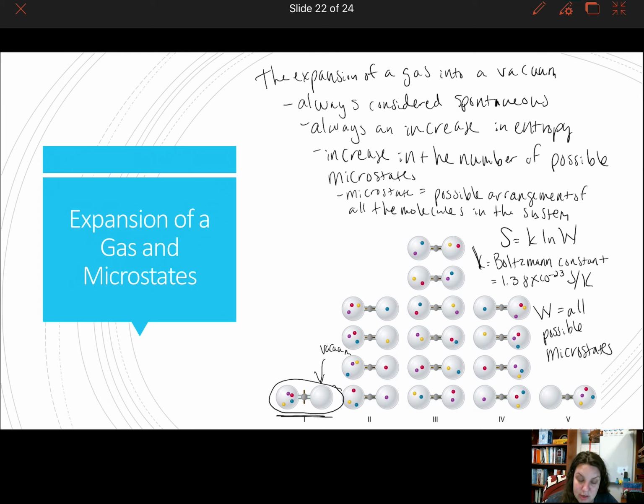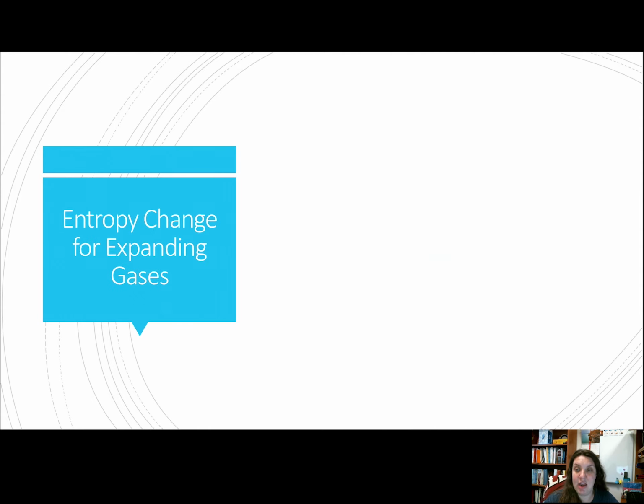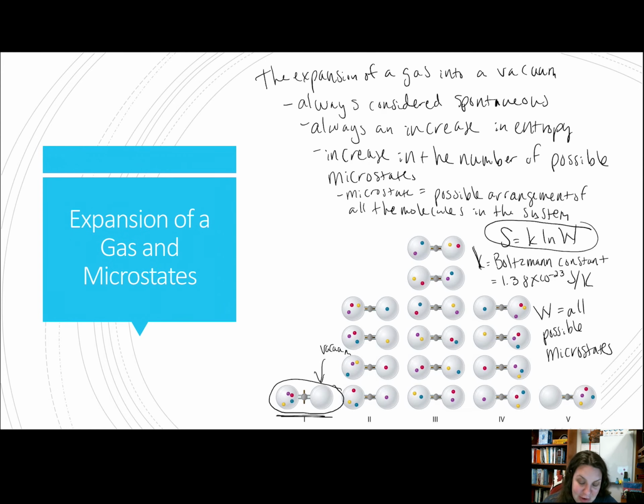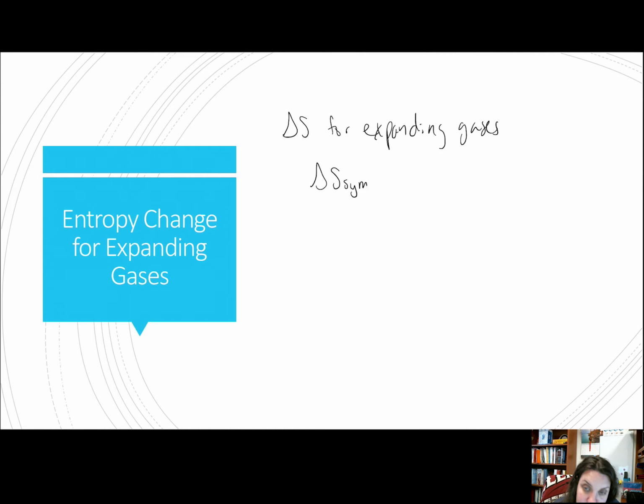We can take this equation and manipulate it, and we can look at how our gaseous system changes as our volume changes. So we can solve for delta S for expanding gases in an easier form than determining all of our possible microstates. If we have an expanding gas, we can use the following equation, which is a manipulation of the equation we just saw.